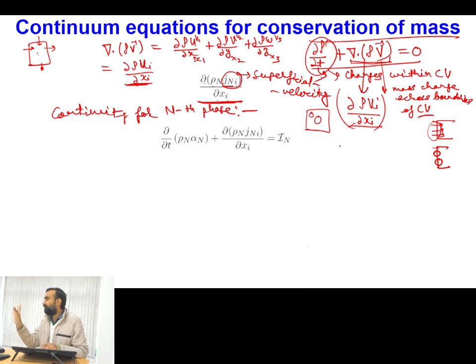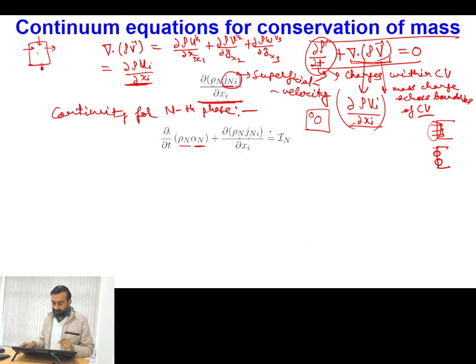Only alpha n fraction of it is occupying the control volume. So that's why del by del t of rho n into alpha n. Is the point clear? Plus across the boundary I will have del by del xi of rho n into j n i. Is this point clear?